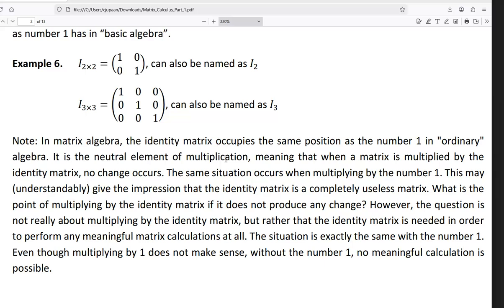In the same manner, when we have equations of real number algebra, the usual algebra, we can solve those equations, and that solving of equations is actually impossible if we don't have the number 1. And in matrix algebra the same holds. We need to have a so-called unit matrix to find out the solution for matrix equations.